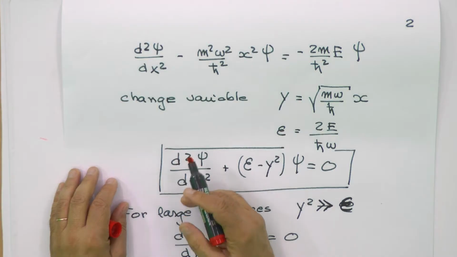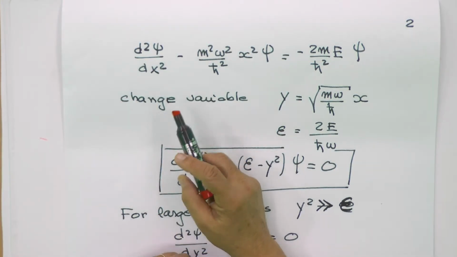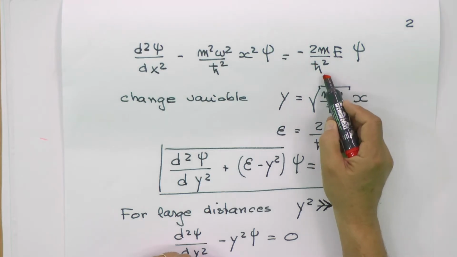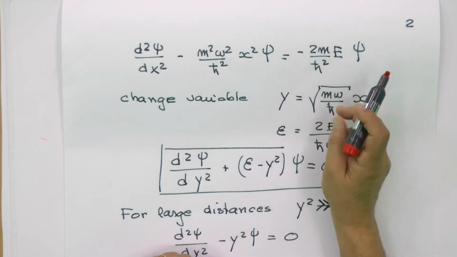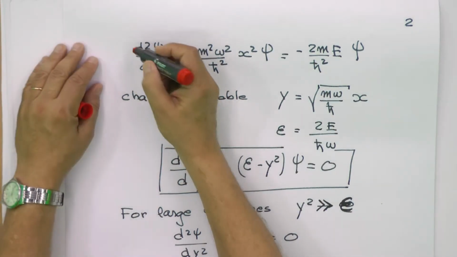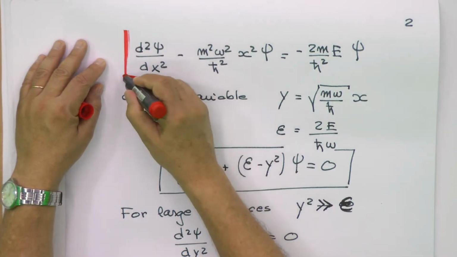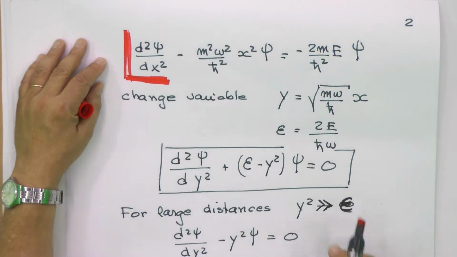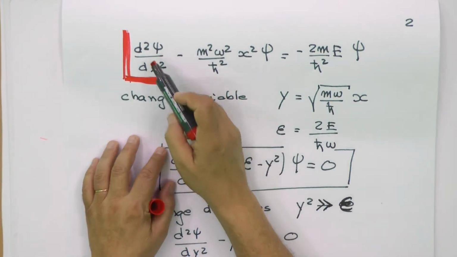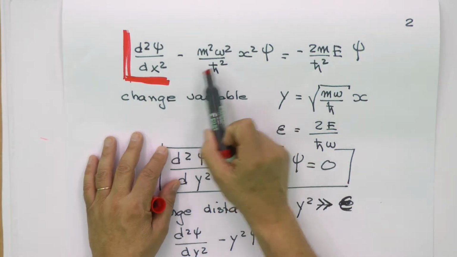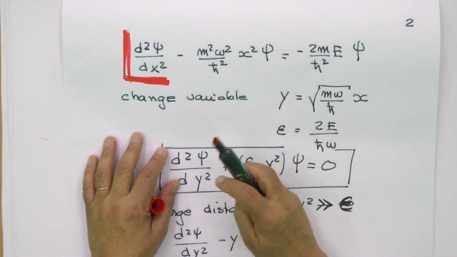So from the Schrödinger equation we just wrote, we're going to multiply everything by 2m divided by h bar, and we end up with this equation here. We just modify it because normally we like to start with differential equations that have the derivative like this and with coefficients, and we like to put all the constants in other places.